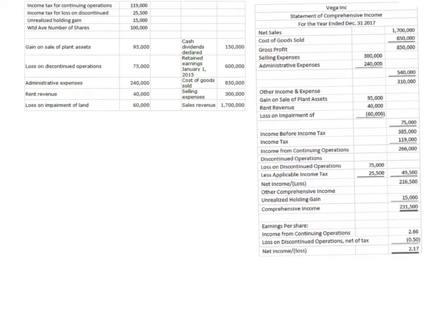When we make an accounting underline, it means we're having a total. So I could have put the total of selling and administrative right here, or I could put it on the line below. Either way would be absolutely acceptable. But they total to $540,000, and when I take that out of gross profit, I end up with $310,000.